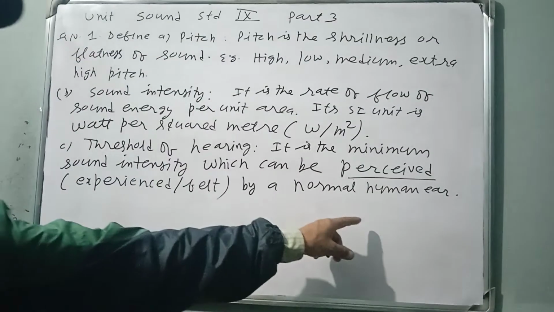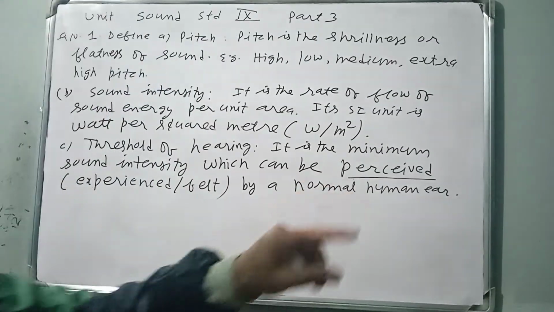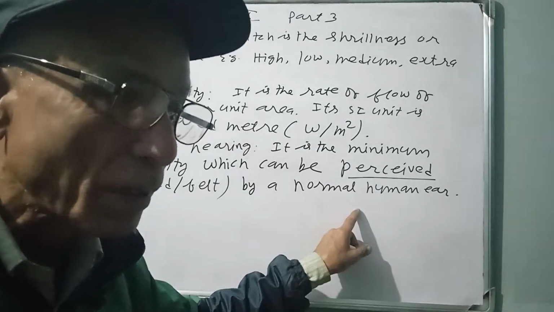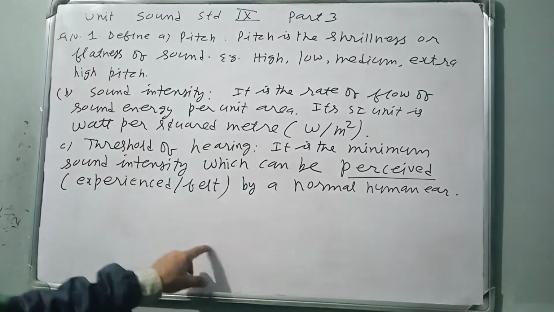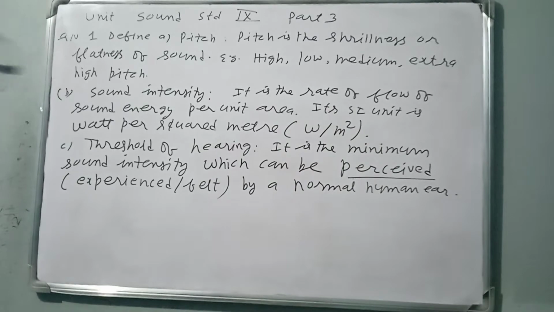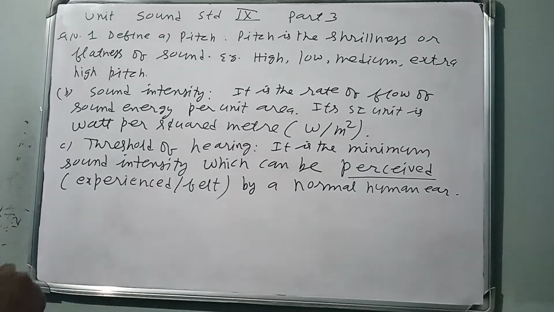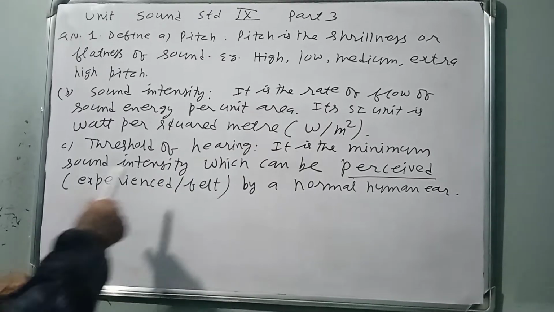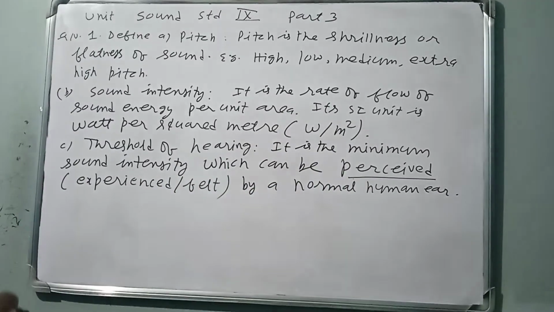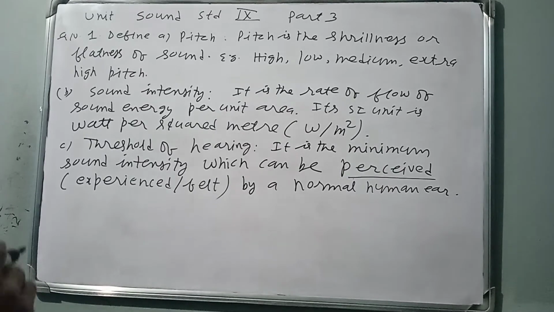Here, normal human ear, not a special type of ear. Some ears are abnormal. They can hear very low sound and very high sound also. But here, a normal, healthy ear. Threshold of hearing is the minimum sound intensity which can be perceived, experienced, or felt by a normal human ear.